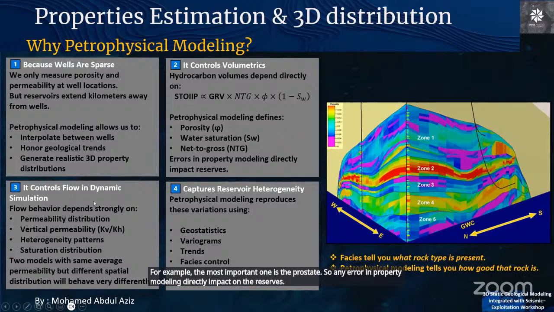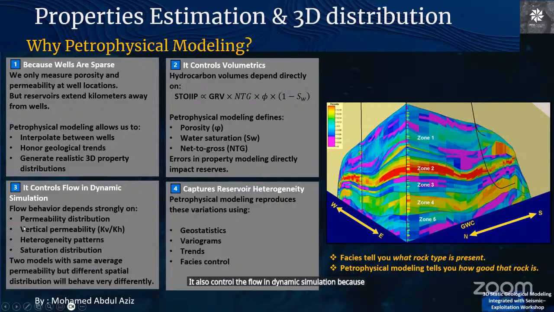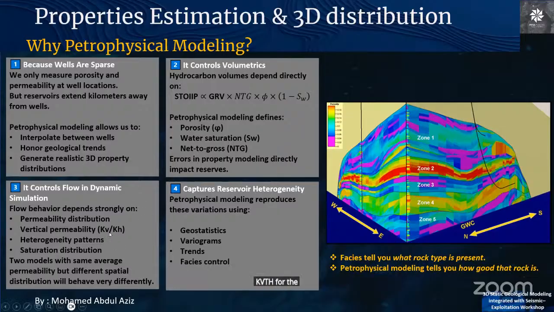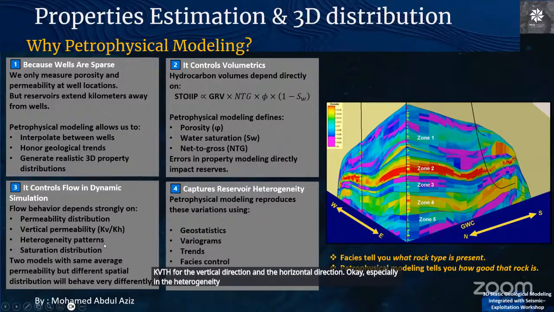It also controls the flow in dynamic simulation because it's strongly linked to permeability. The permeability distribution will affect the vertical permeability and the horizontal direction, especially in the heterogeneity pattern of your reservoirs.